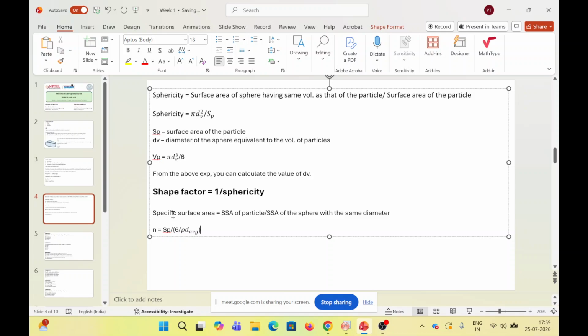This is the equation for the specific surface area.